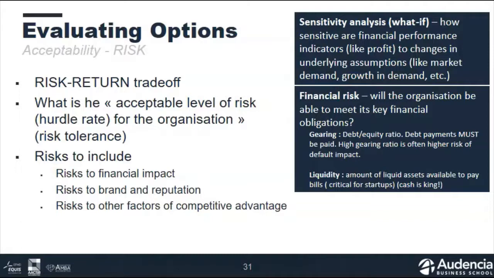Well, if you have too much debt and suddenly, let's say, for example, your revenue takes a hit for some reason, your performance isn't as good, and you still have to pay your loans, you're putting at risk your organization. So a high debt-to-equity ratio is an indicator that, well, you may be at risk. If you undertake a project that increases that debt-equity ratio, you're putting your organization into a situation where there's not a lot of flexibility.